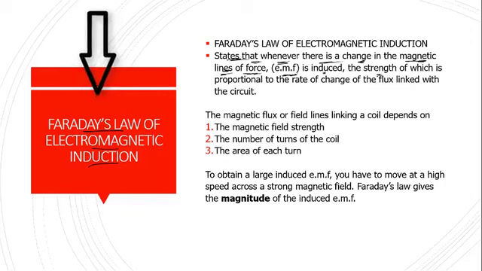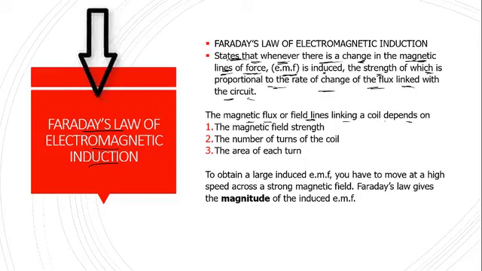Also, the strength of that EMF that has been induced is proportional to the rate of change of the flux linked with the circuit. Now, there are a number of factors that affect the linking of a coil in field lines or with magnetic flux. The magnetic flux or field lines linking a coil depends on about three things.